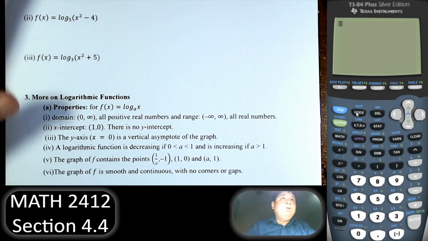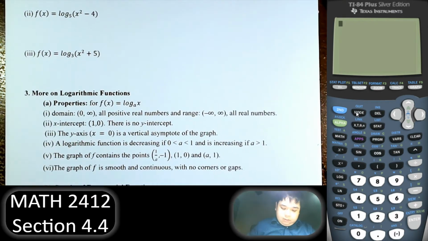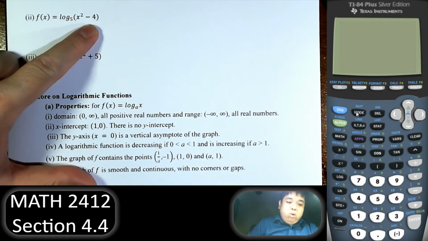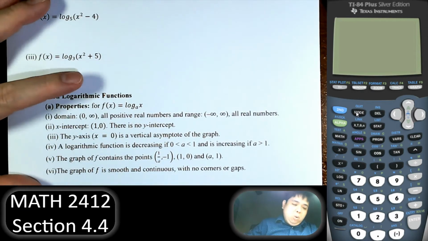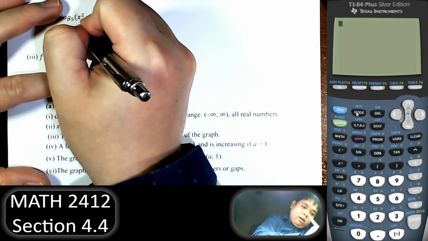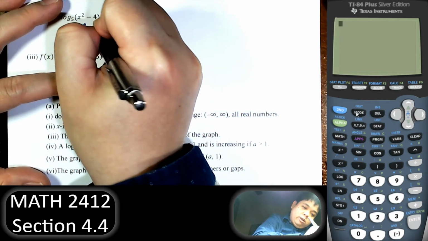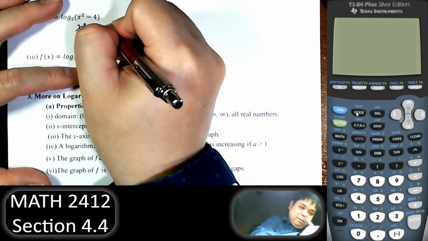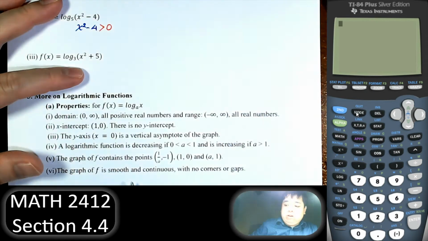Right. Next. Log base 5 of x squared minus 4. Once again the argument of the log, x squared minus 4, must be positive because the domain is all positive numbers.